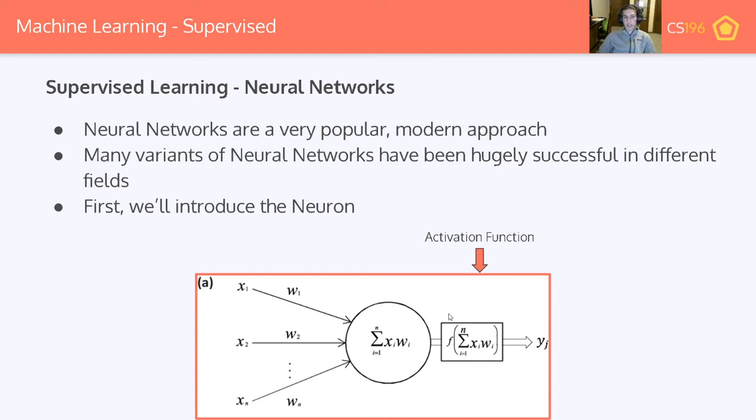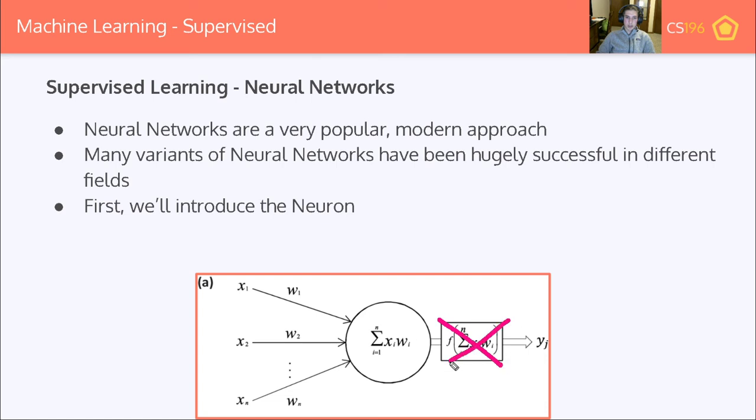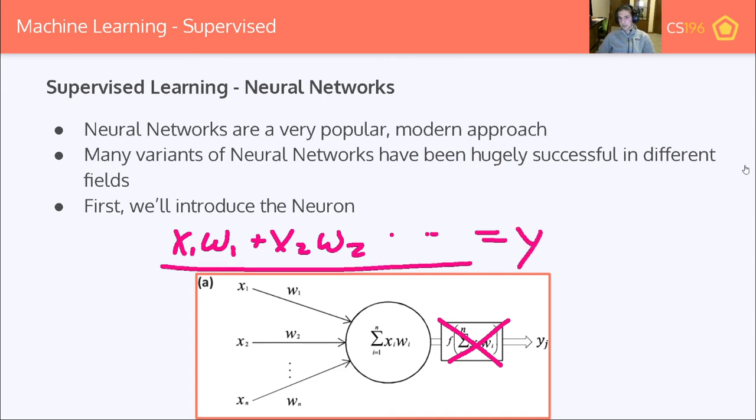What do I mean by nonlinearity? Well, if we didn't have an activation function here, what is this? It's x1 w1 plus x2 w2 ... What does this maybe look like? Well, it's just linear regression.